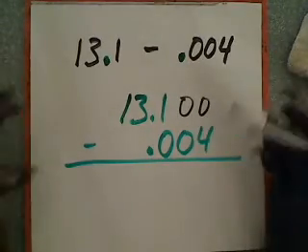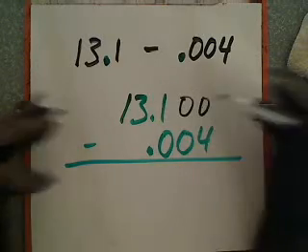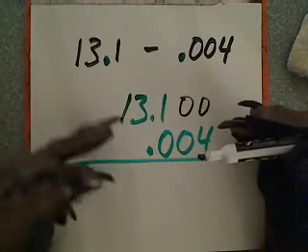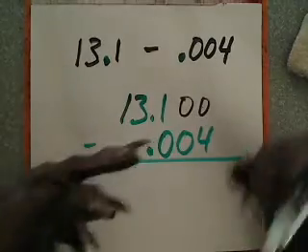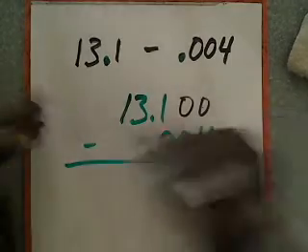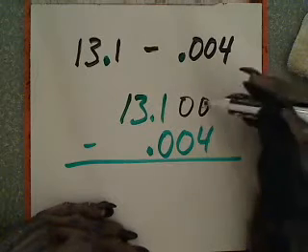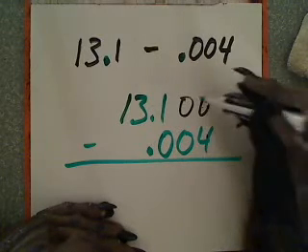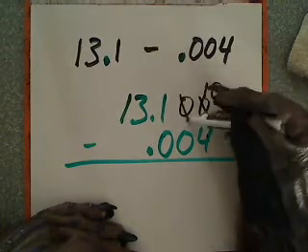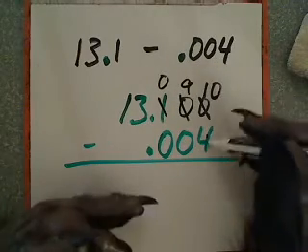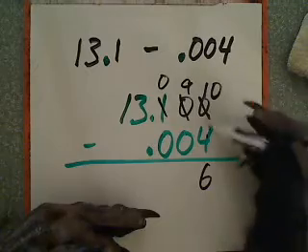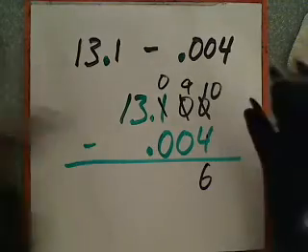It's only fair. All right, so we have 13.000, and this is 0.004. So now we're still going to subtract it. 0 minus 4, you have to borrow. This becomes a 9. This becomes a 0. So you have 10 minus 4. I can't read. The moon's getting ready to change.